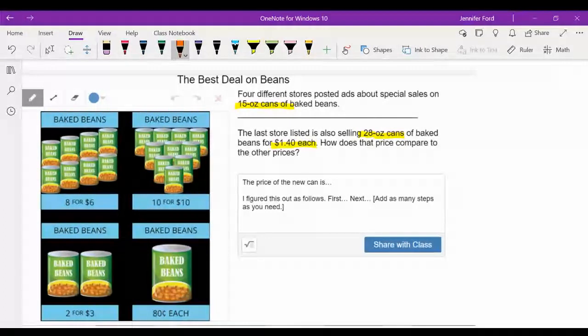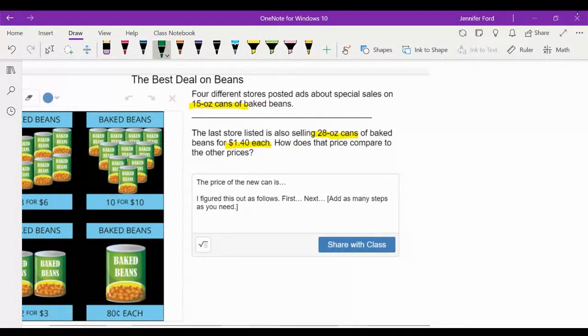So what I would do for this one is figure out how much it would cost for 15 ounces at that price.